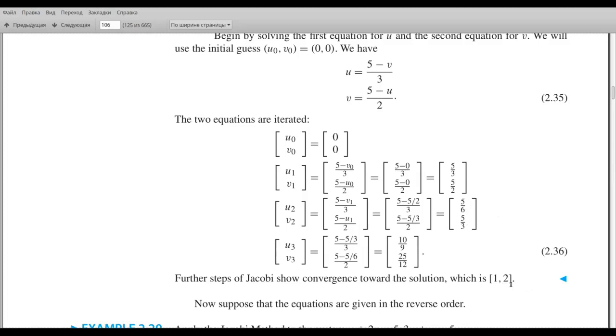The exact solution is easy to find from here: u equal to 1, v equal to 2. You can see that we are getting closer and closer to it. If we continue, we get a better and better approximation. Is it clear or not?